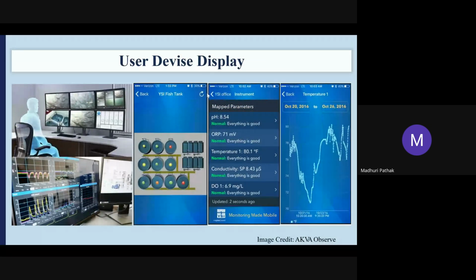So this way you can regulate. See here, this is your cage setup, and this is your fish in the cages. You can even measure the biomass of the fish inside the pond. That also you can do by sensors.